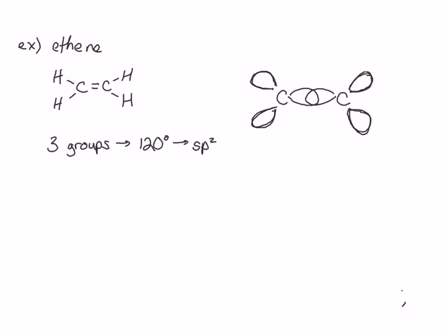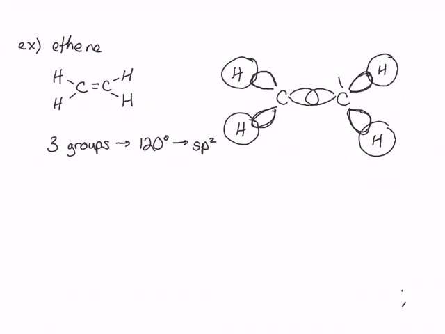Alright, now we're going to draw in our sigma bonds. So we have a sigma bond to a hydrogen over here, and here, and here, and here. And then finally we need the unhybridized p orbitals on each of these carbons that are going to allow us to form that pi bond that's responsible for the double bond in ethene.